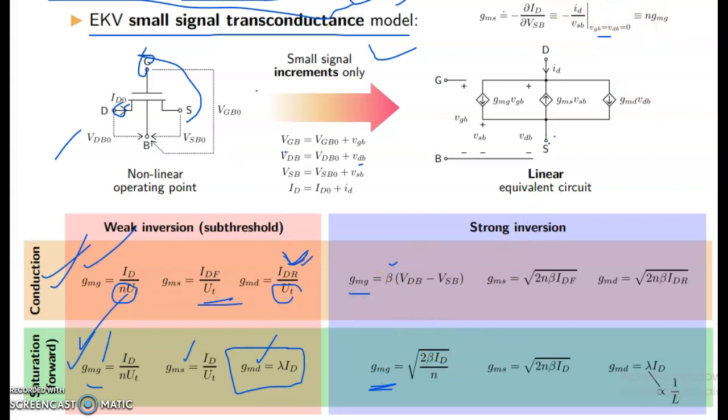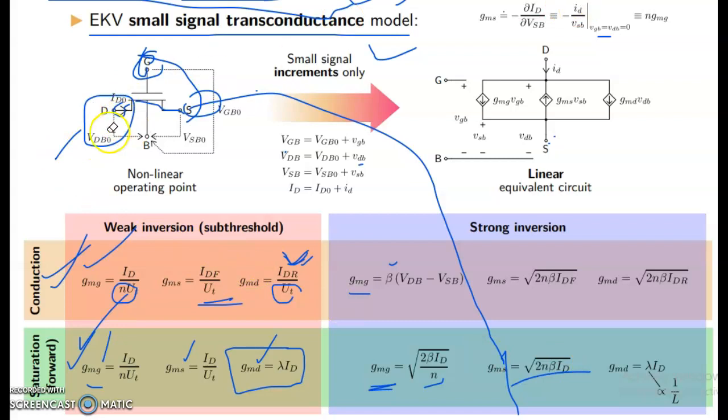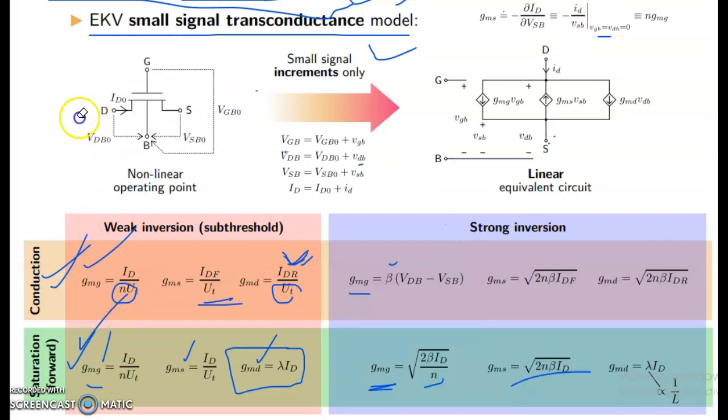In GMS, in source, what is going on? Here multiply, in gate divide, that is this much n. Here in source multiply: 2 times n, then beta, then ID current. What will happen in drain?